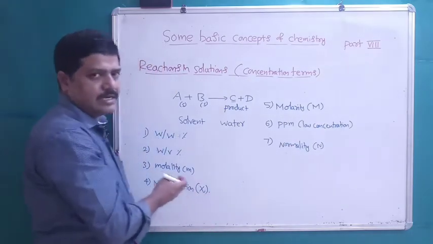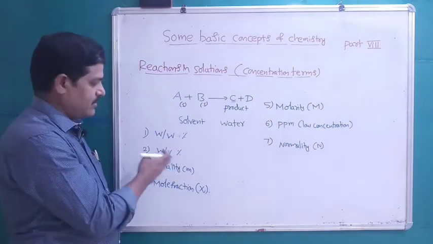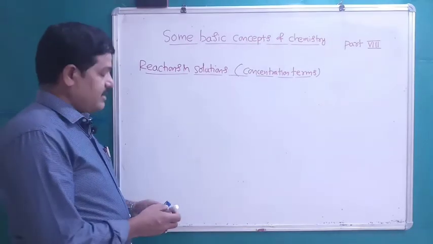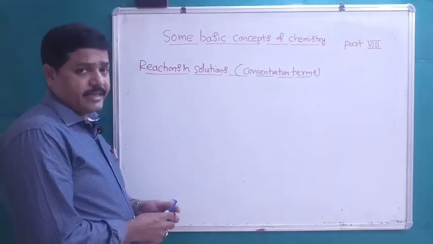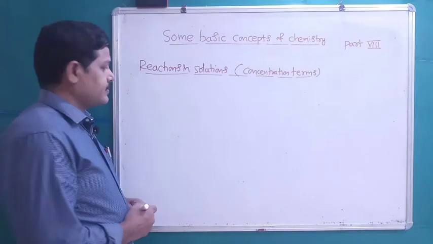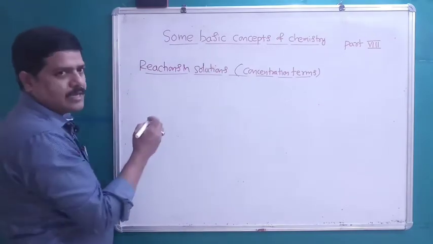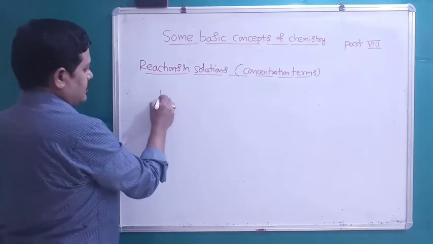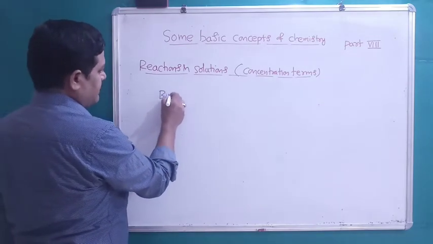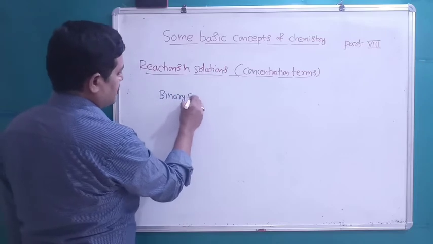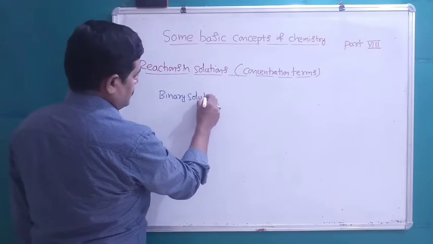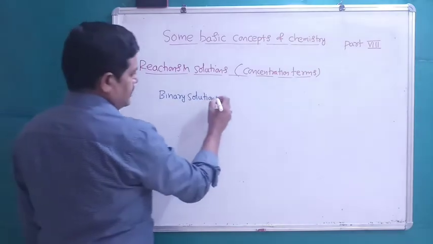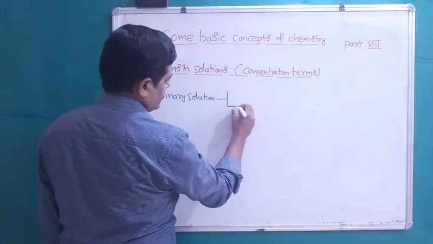So let us start discussing one by one, starting with the weight by weight percentage. Dear students, generally in a solution two components are present, that is called a binary solution. In the syllabus we have only binary solutions. A two-component homogeneous mixture is called a binary solution.